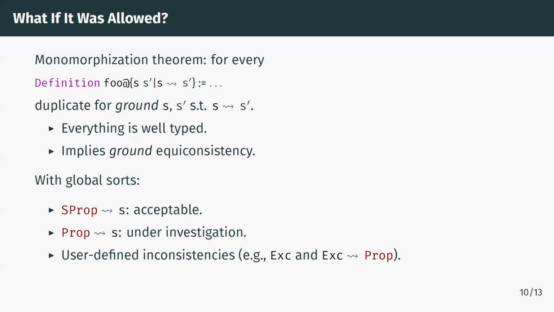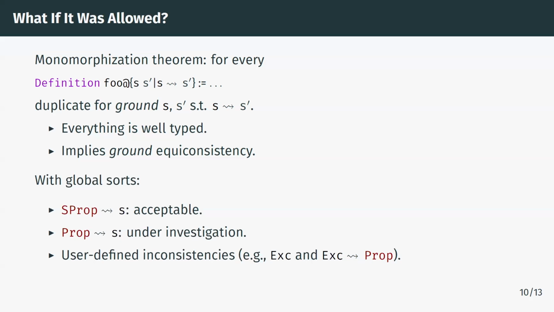With global sorts, it's a bit more difficult. So we have two cases. If we have S prop eliminates to S, well, it's not so bad because either we put S eliminates to S prop, and so S becomes S prop, so we don't really care. It's kind of the same case as for the ground sorts.